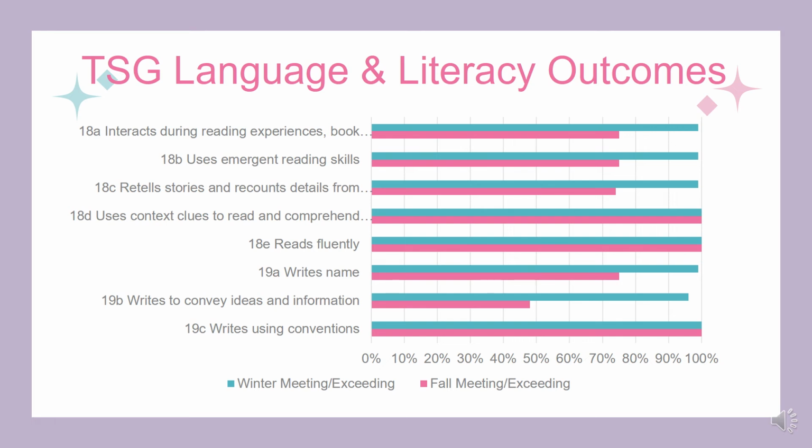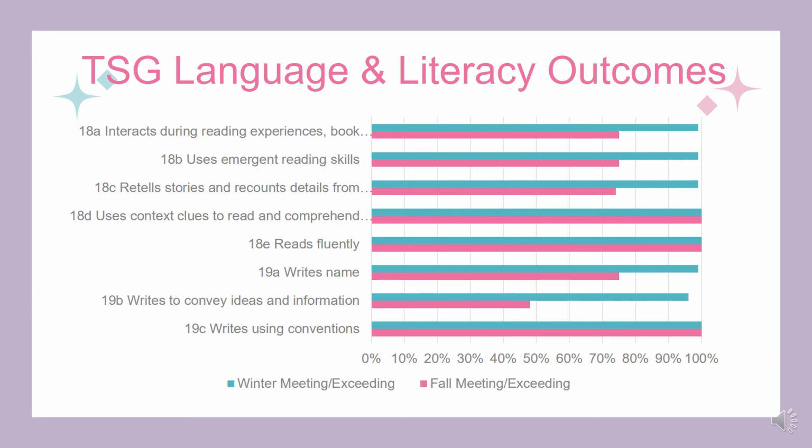So for the children in your classroom, either they are not met on those objectives, or they're just starting to tiptoe into their little color bands, and where they are as far as using context clues, reading fluently, and writing using conventions is exactly where they are supposed to be for their ages and levels of development. But if you look at the rest of these objectives, you'll notice that you've had a great deal of growth from fall to winter.